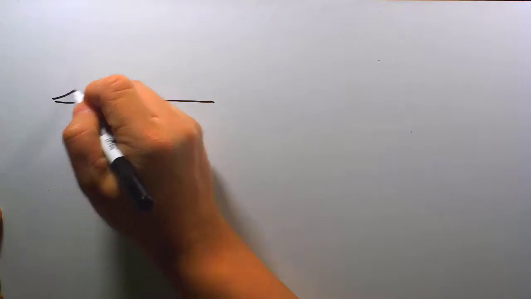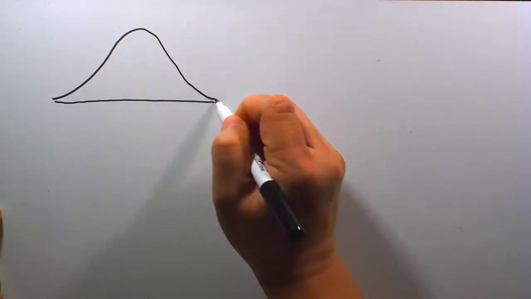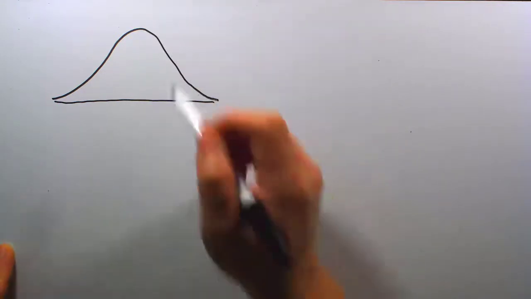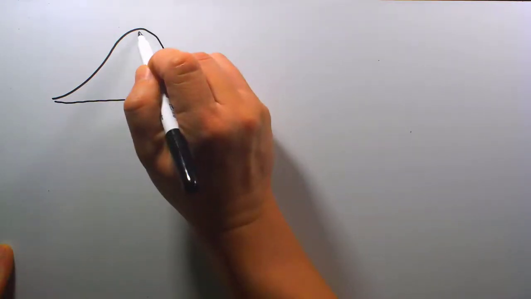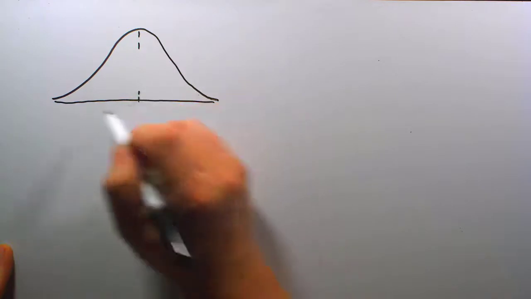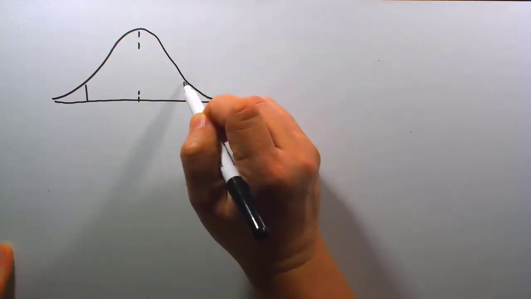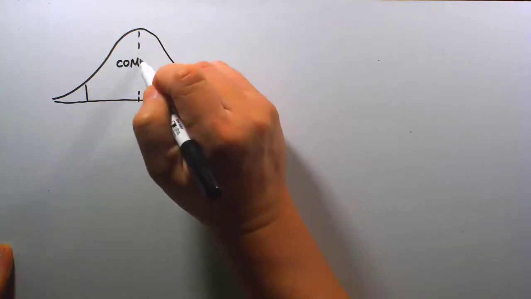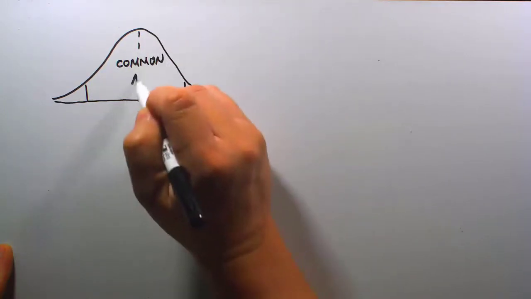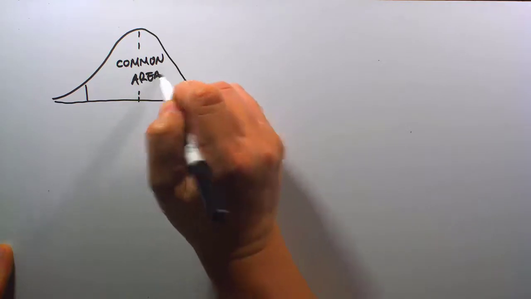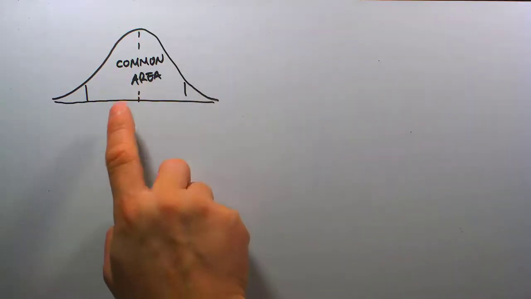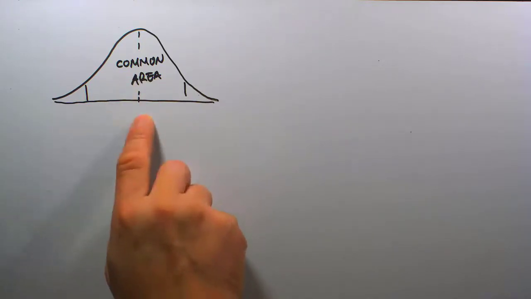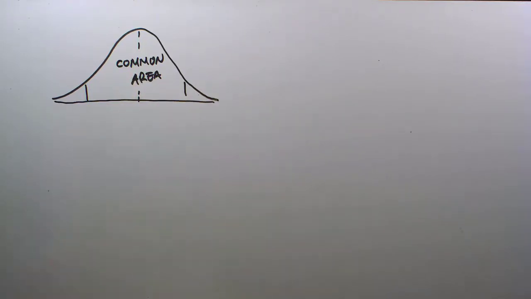All right, so recall again that on any bell curve or normal distribution, right around the center of the bell curve there is a big fat area that we call the common area, indicating that these are the values that we commonly see being fluctuated away, being deviated away from the center.